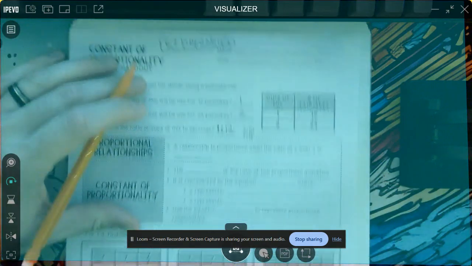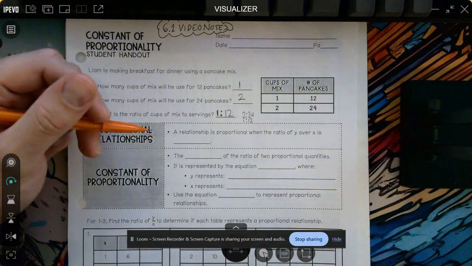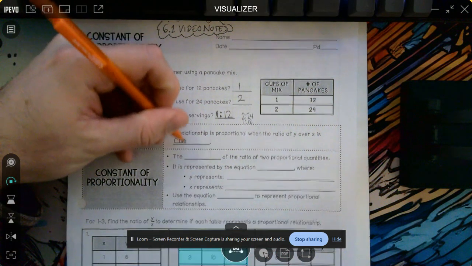Okay, so let's look at the relationship in some vocab terms. A relationship is proportional when the ratio of y over x is constant.